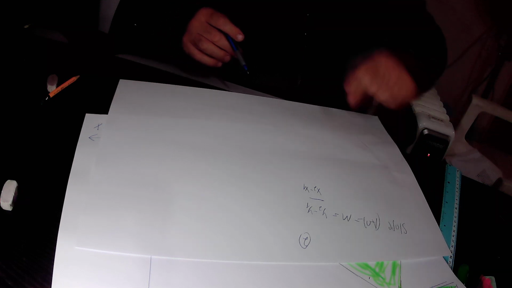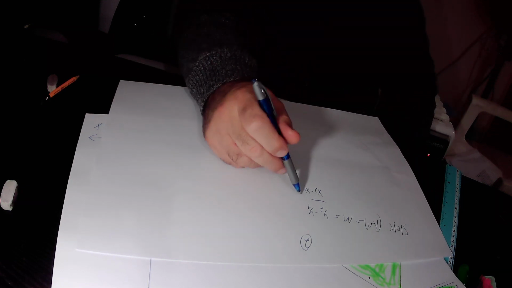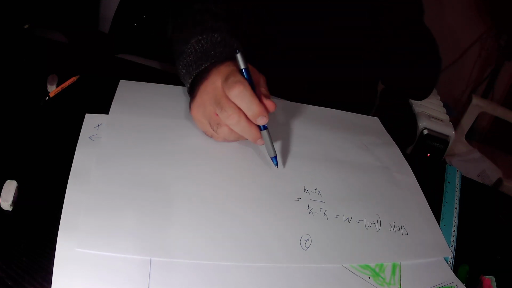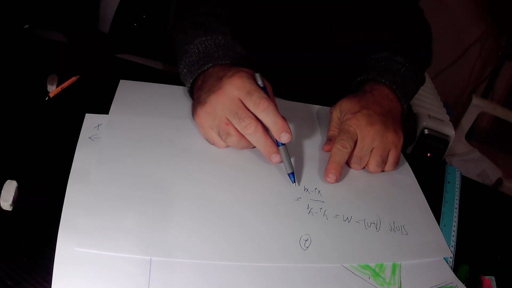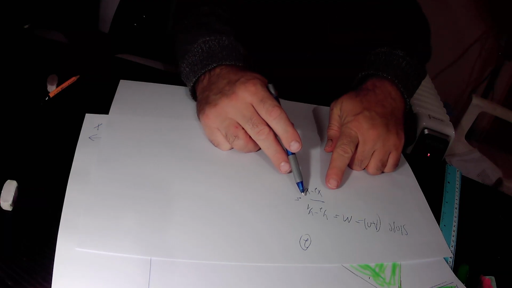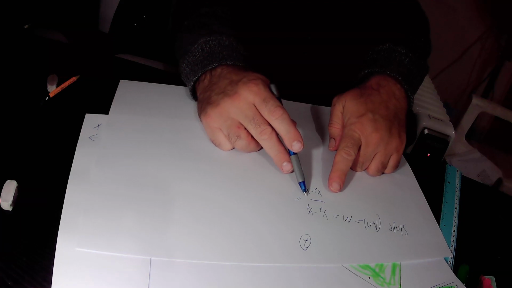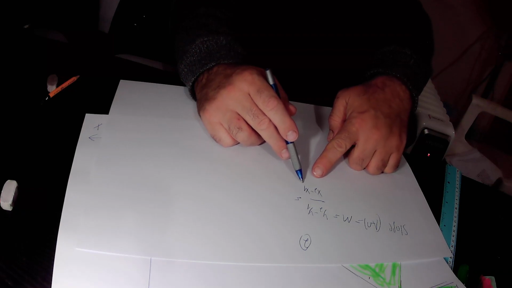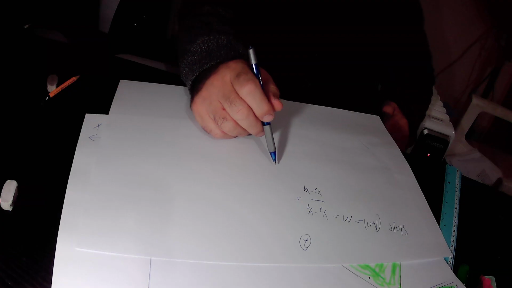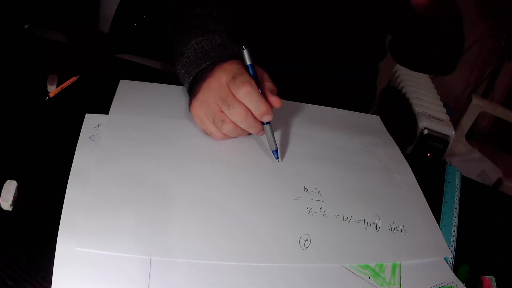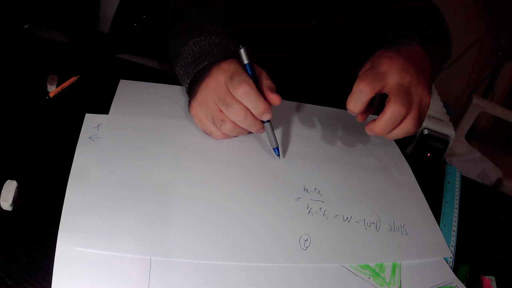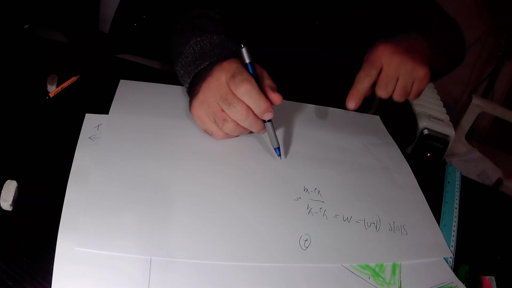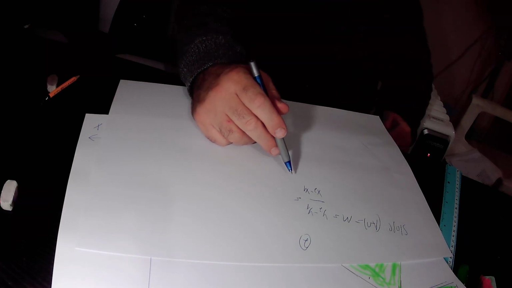The slope of the straight line AO equals, again, the ratio between the vertical change, that is y2 minus y1, over the horizontal change, that is x2 minus x1. This is the ratio between the vertical change to the horizontal change.